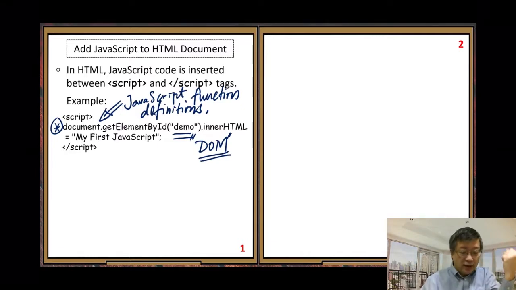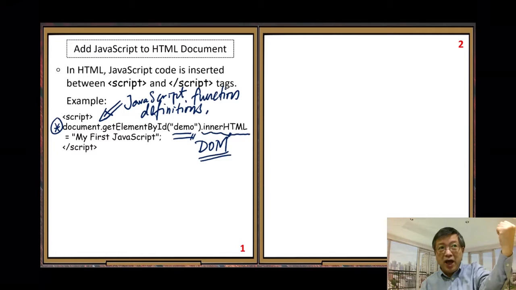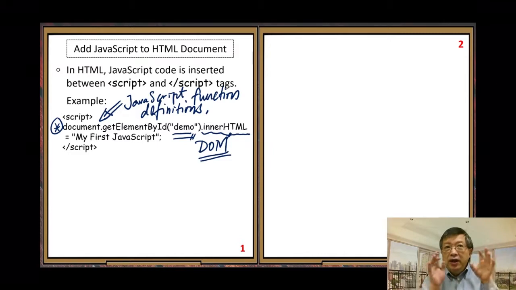Then we access innerHTML. From this name, you can say it is an instance variable name. We want to set the data for the innerHTML instance variable.